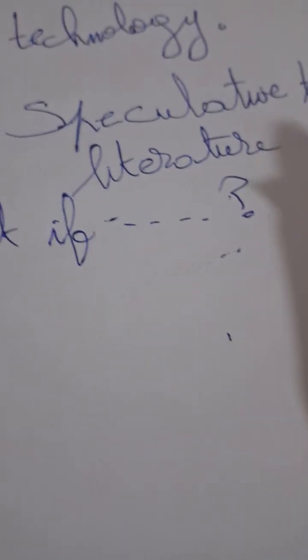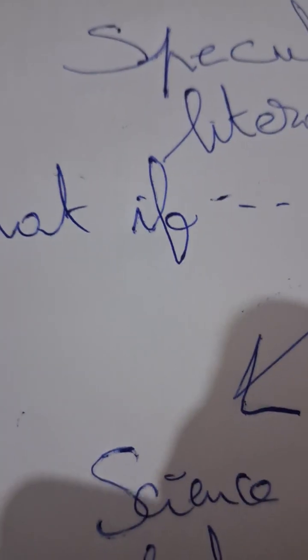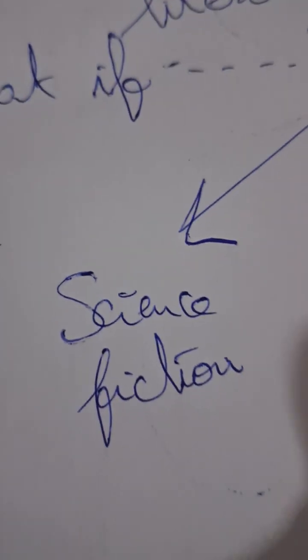Under this speculative literature, we find two genres. The first one is science fiction. The second one is fantasy. So speculative literature is divided into two other genres, which are science fiction and fantasy.